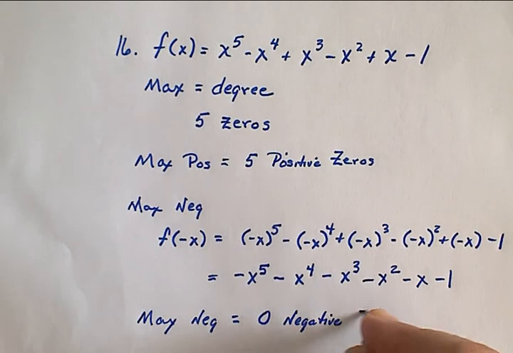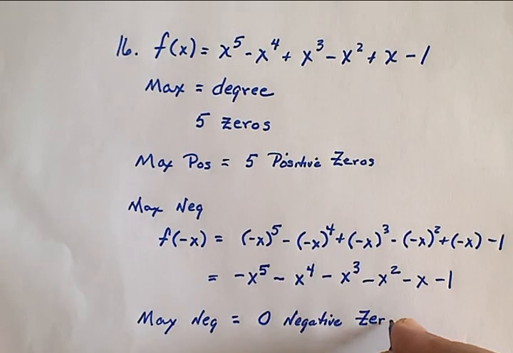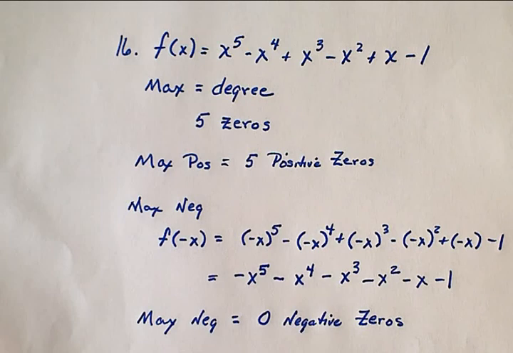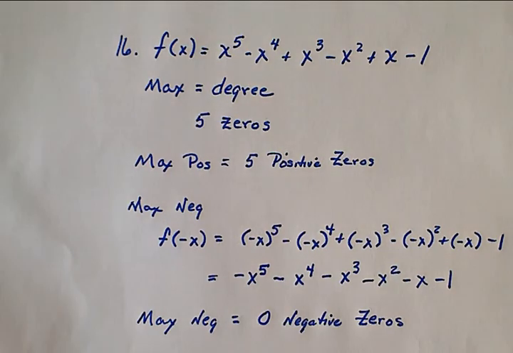Now, how is that handy? Well, unless you're given what the zeros are, when you're trying to test, if you've got a list of 24 numbers you're testing, and you know that you can throw out all of the negatives, it just cuts your testing in half.